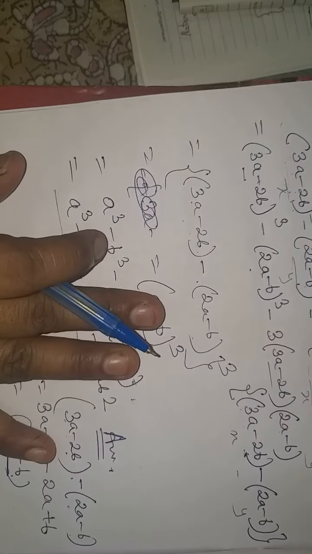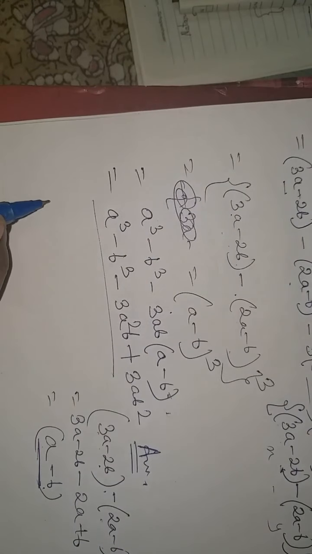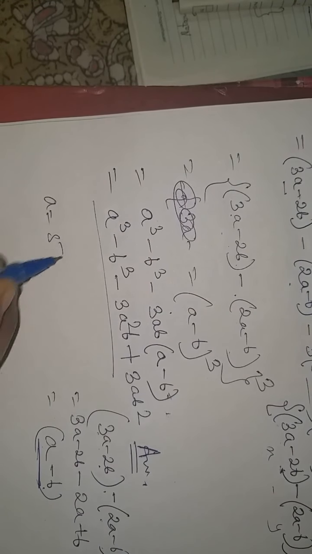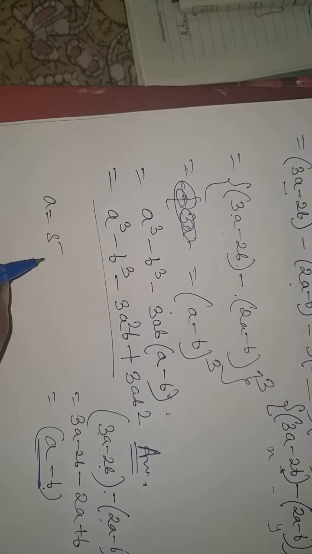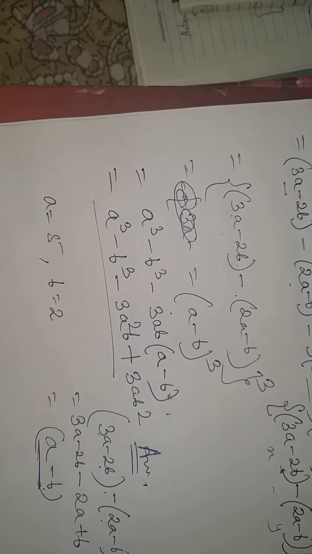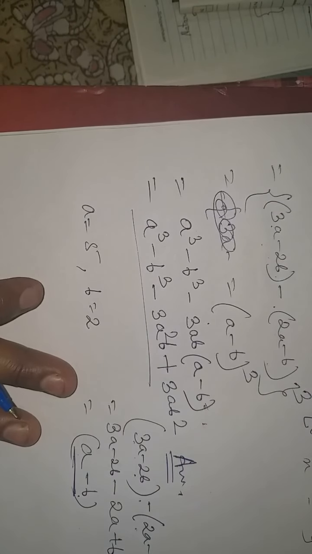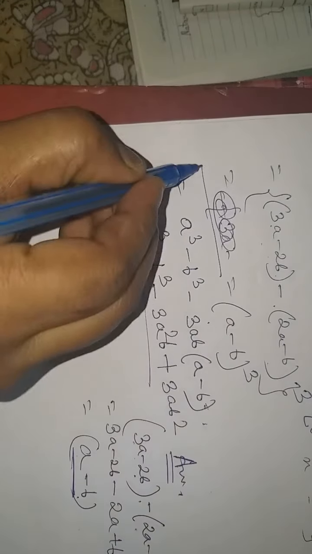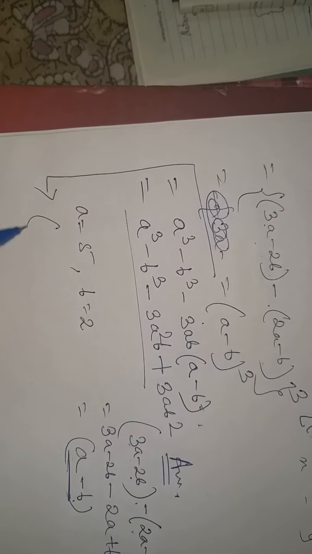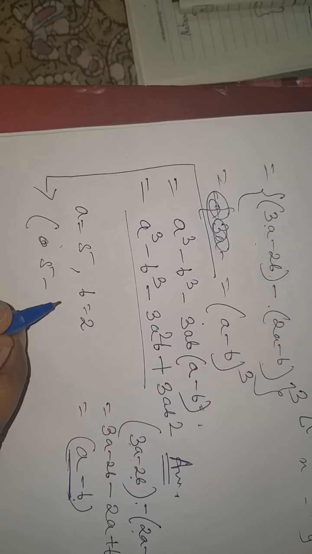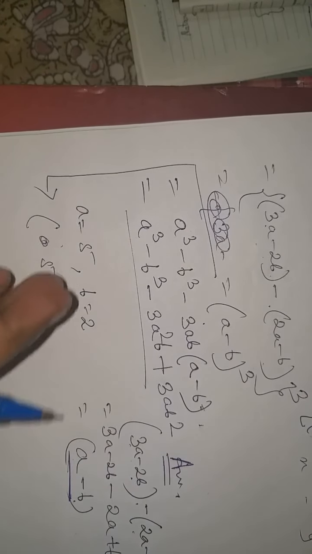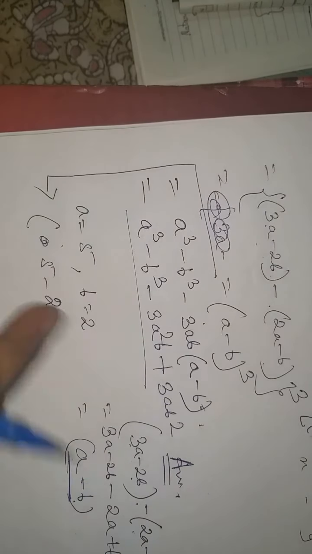But sometimes you are given a equal to 5 and b equal to 2, and you have to find the simplest form. Then you should not apply this formula. You should directly come to here: the value of a is 5 and b is 2.